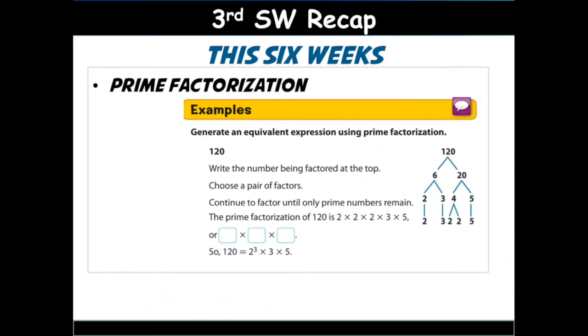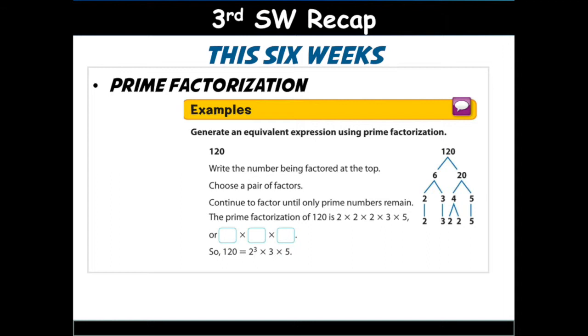And then we've got prime factorization. What you have to pay attention to there is that you're getting a number and breaking it down. And there's several possibilities. For example, 120. One possible way out of several would be 6 times 20. If you notice, those are composite numbers. You can break them down a bit more. Just make sure you don't break them down too much.